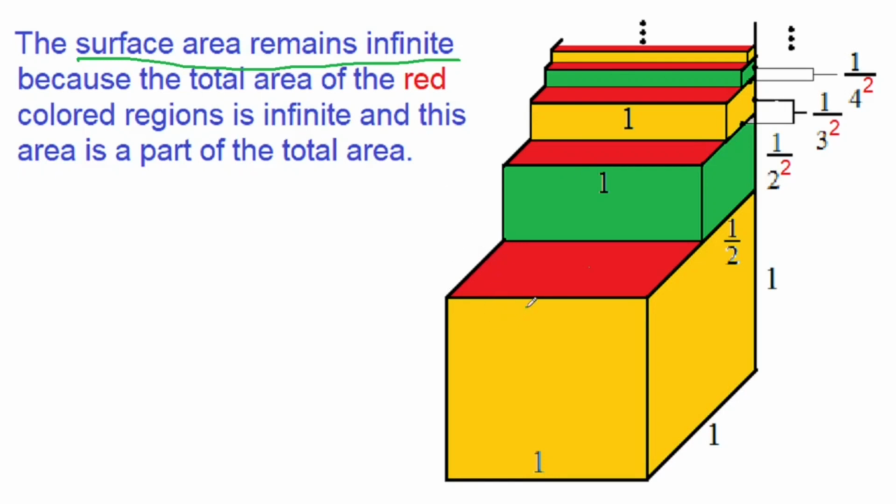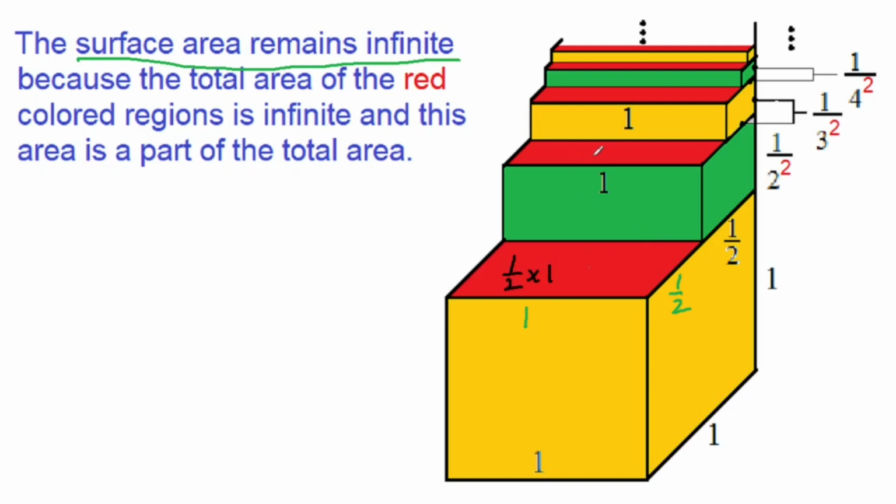Down here I have dimensions 1 and 1/2. So the area of the first red rectangle is 1/2 times 1.